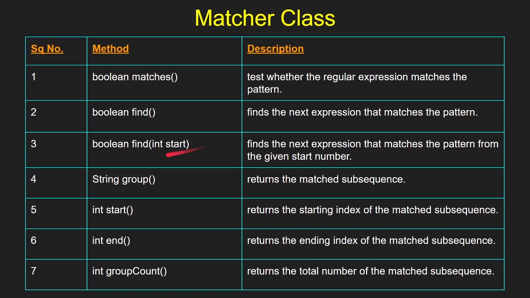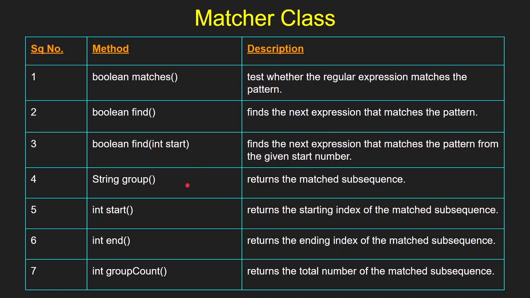The next one is boolean find(int start). It is another method available which takes start as a parameter. What it does is finds the next expression that matches the pattern from the given start number. The above function will find only from the starting, but here if we want to find after the third occurrence, then we can give that as a parameter.